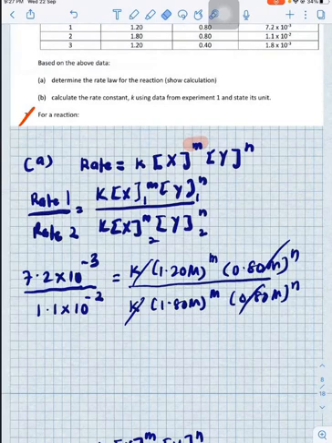So what is our M value here? Sebelah kiri tu dapat berapa? 7.2 darab 10 kuasa negatif 3 bahagi 1.1 darab 10 kuasa negatif 2. Saya dapat 0.654.